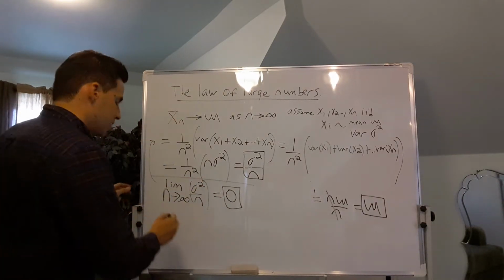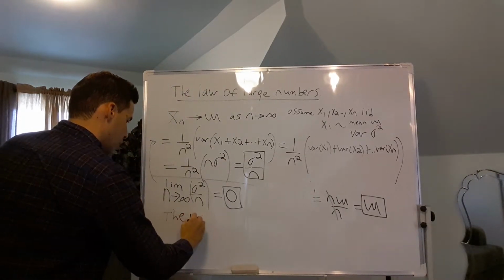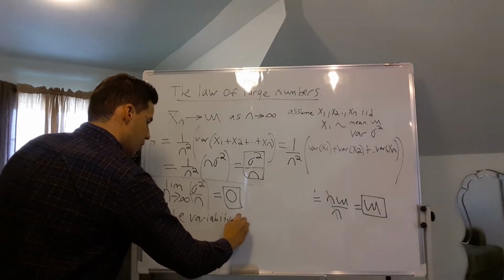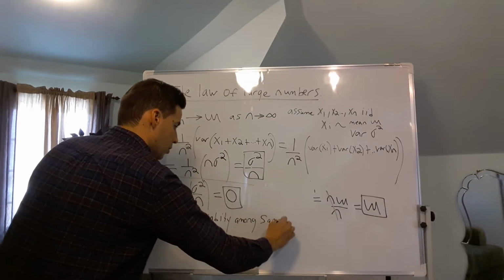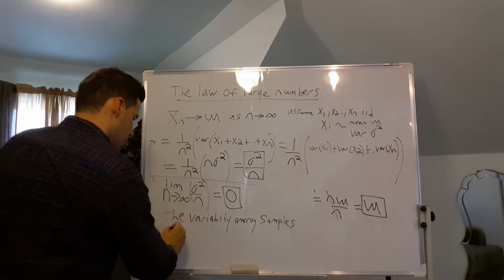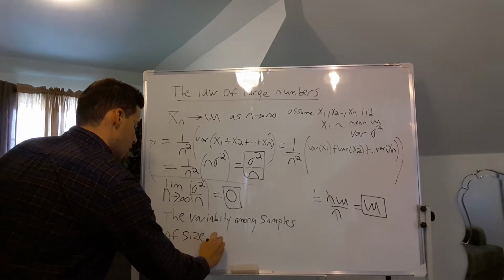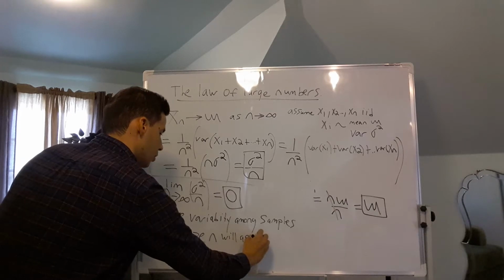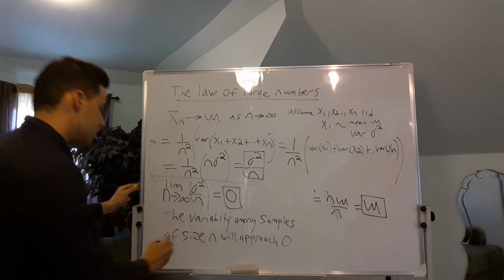Let me write that down. Zero as n goes to infinity.